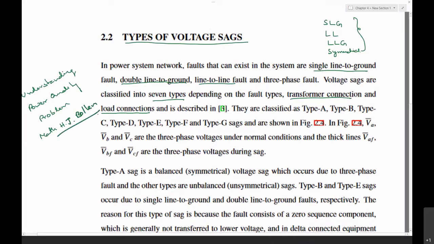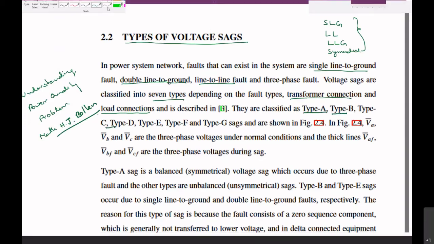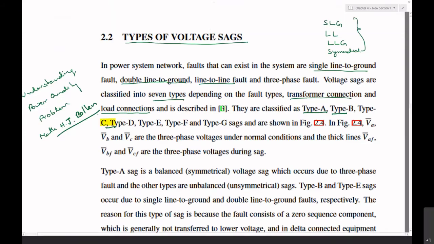Because of this, we have type A, type B, type C, type D, type E, type F, and type G. As shown here, we'll go through these faults with the phasors, and how they look.